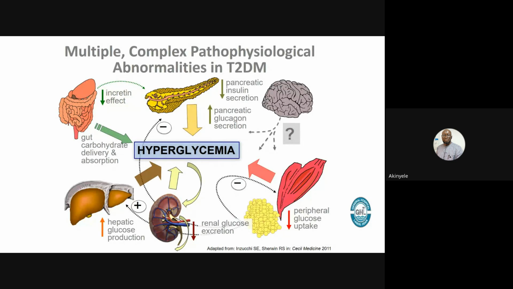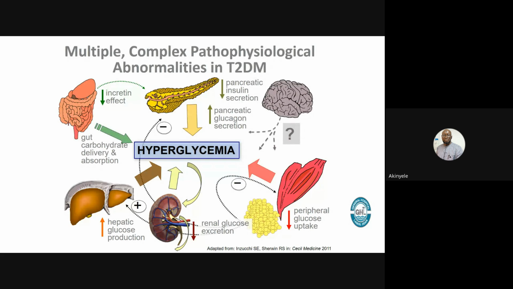Our gut also has a role to play in us developing diabetes. There's the hormone that we call incretin that helps the beta cells to produce insulin after we have eaten. But in diabetic patients, we know that they have less of these hormones being produced, meaning that not enough insulin will be produced by the body.